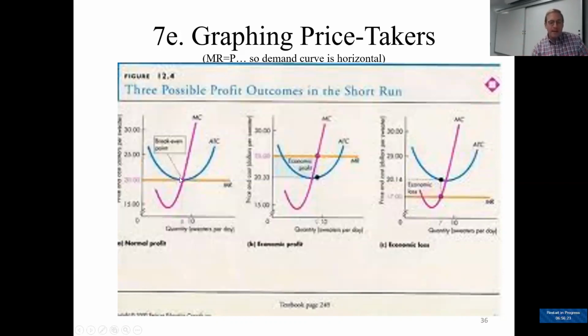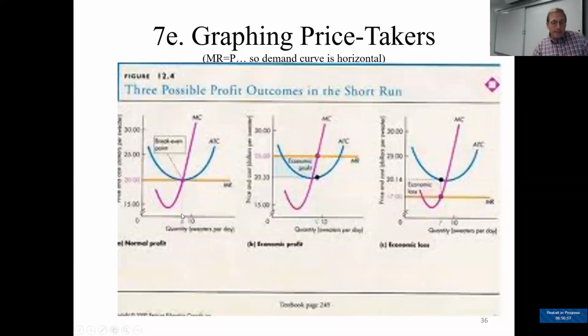So in this case on the left, which is the easiest one, let's start first with the marginal cost curve, which is this. And we have our marginal revenue curve, which is horizontal. The intersection of the two is right here. So that gives us a rectangle here, which is a base of the quantity and a height of the price. That's your total revenue.